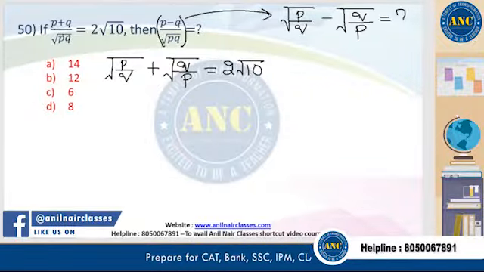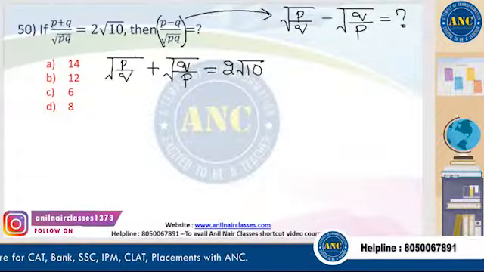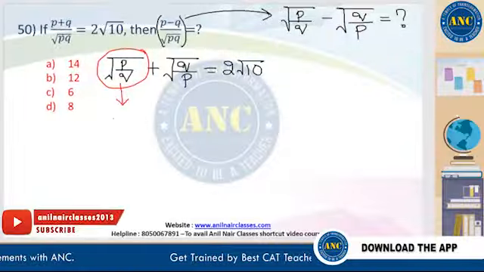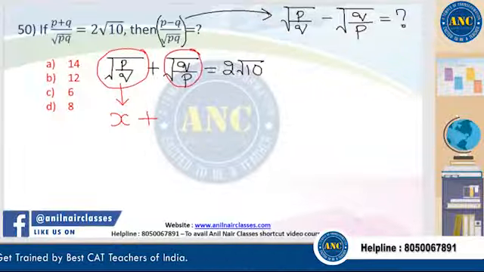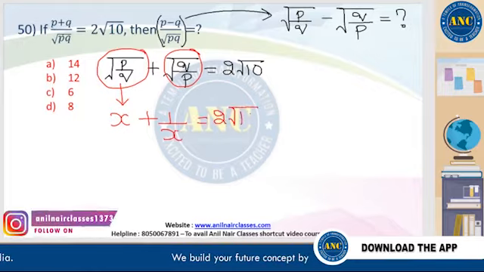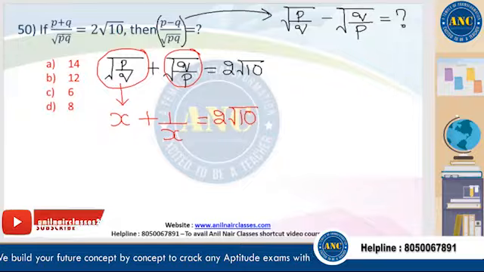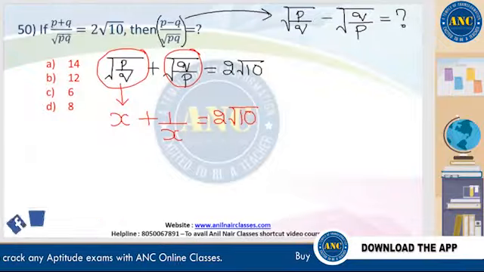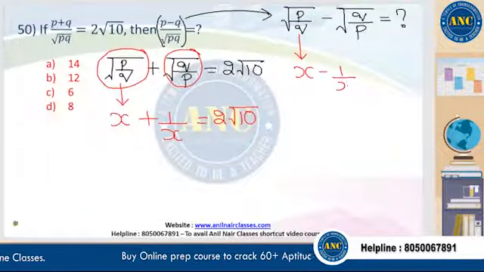That means, can I easily say, instead of considering this under square roots and getting confused, if I call this x, then plus this is the reciprocal of the first term, that becomes 1 by x. That means they are giving you x plus 1 by x value as 2 root 10. If x plus 1 by x is 2 root 10, then x minus 1 by x is what they are asking.